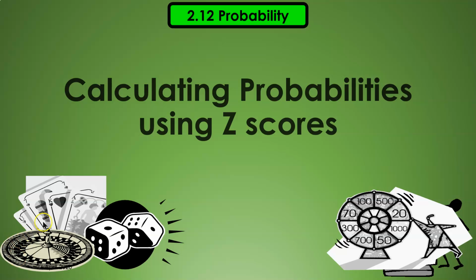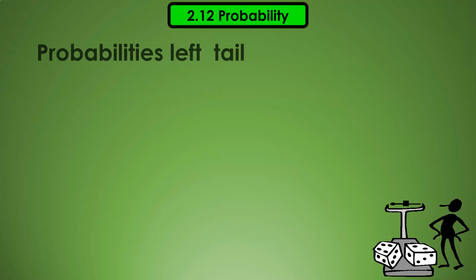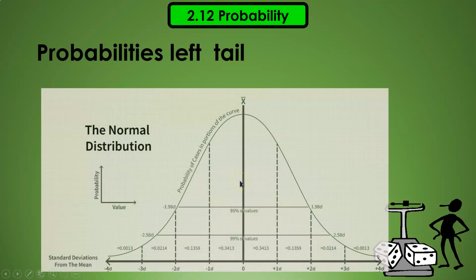Today's lesson is looking at calculating probabilities using z-scores, and specifically looking at the left tail. We've actually looked at the probabilities of the right tail so far. So we've got our mean, this is our z value, and we've looked at the areas there.